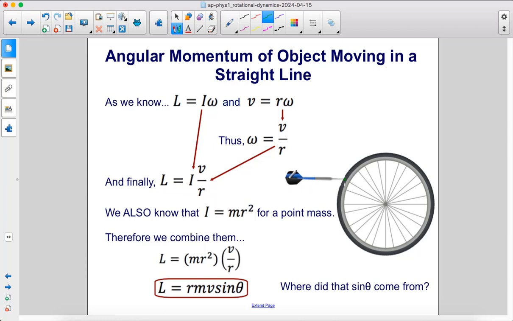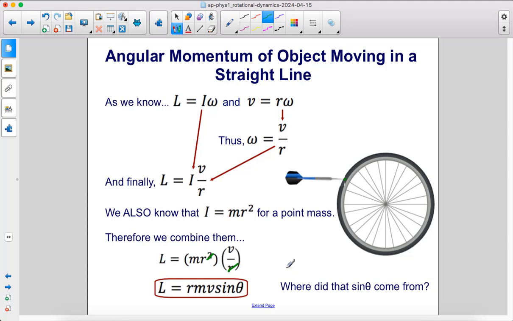So we're going to say the dart is acting like a point mass. It's not rotating like an extended rigid body. So if we plug that in for I, we get mr squared V over R. Therefore, one of those r's cancels, and we end up with RmV sine theta.